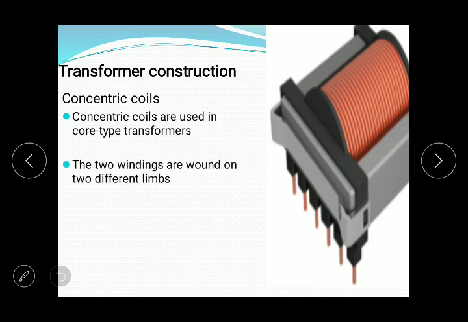The two windings are wound on two different limbs. For this type, the leakage flux will be more.